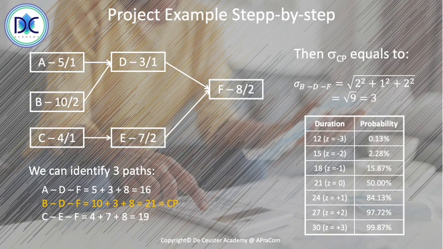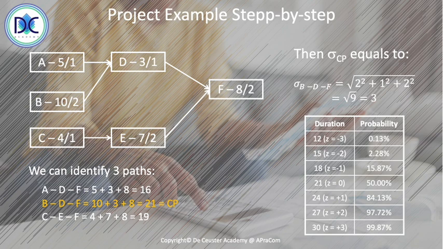So now when we look at this curve, we see that there is a probability of 0.13% that the project will be finished in less than 12 days, 2.28% less than 15 days, 15.87% in less than 18 days, 84.13% in less than 24 days, 97.72% in less than 27 days, and 99.87% in less than 30 days.